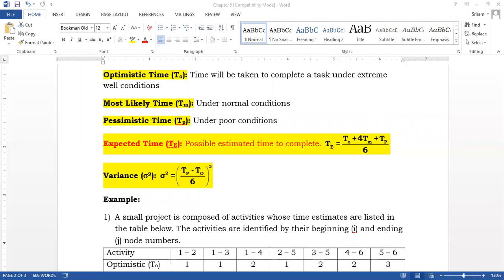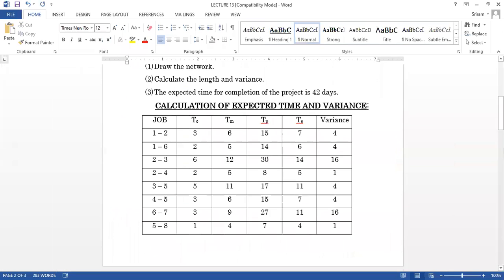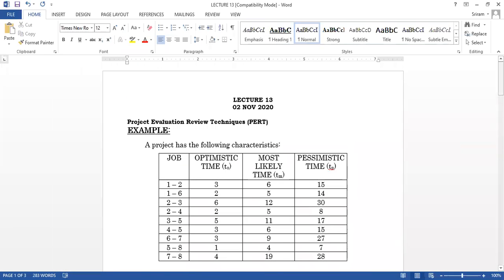Now I am going to share the next slide. See, the question will be like this, dear. A project has the following characteristics. The jobs are 1 to 2, 1 to 6, 2 to 3, 2 to 4, 3 to 5, 4 to 5, 6 to 7, 5 to 8, 7 to 8.